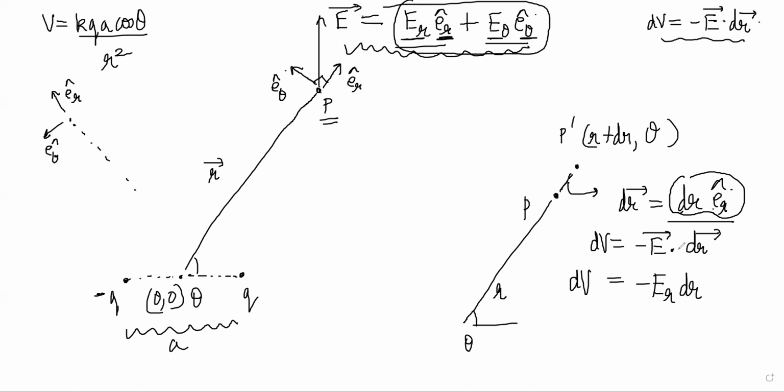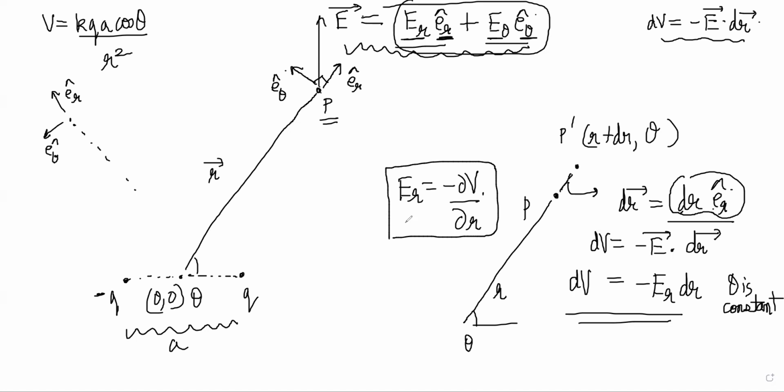So when you do the dot product, there is no theta component. So it's only going to give me this much. And here we are assuming mentally that theta is constant. So Er is simply minus partial derivative of V with respect to r, right?